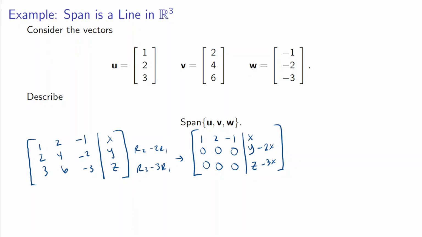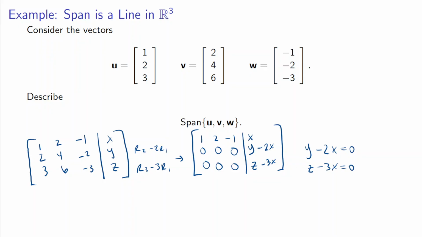in order to have a consistent system, we need y minus 2x to equal 0 and z minus 3x to equal 0. And so we have essentially an x can be anything we want, and then we would get a specific y and z.